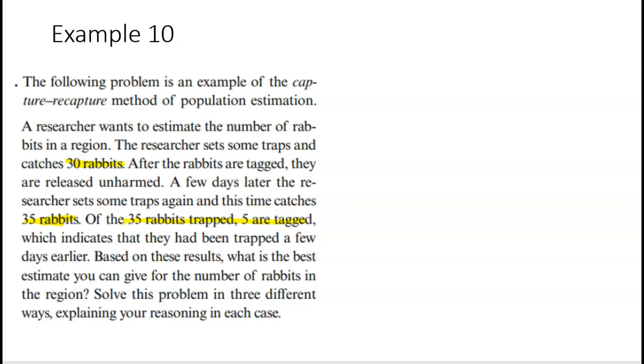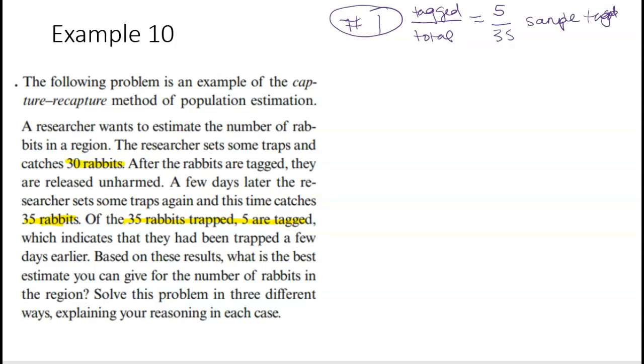Okay, so let's look at this 2 different ways. They say 3, so we're going to look at 3 different ways. First way, we've got tagged to total. We know that of the 35 trapped, 5 are tagged. So this is the sample that's tagged, and the population should have the exact same ratio, right?